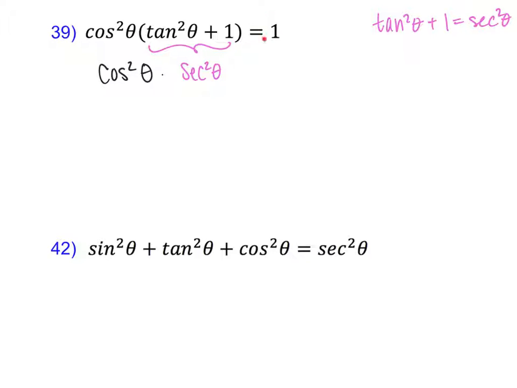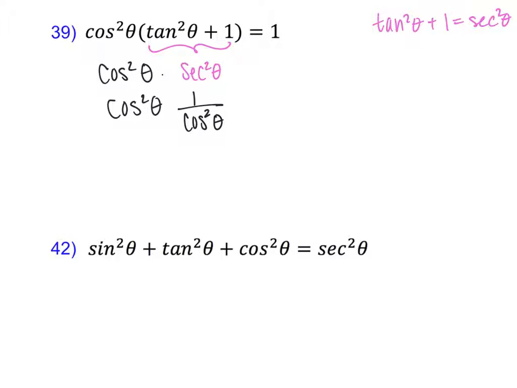And the other side here is 1, right? So I've got to make this look like a 1. First off, I notice I've got a secant. Secant has a reciprocal identity of 1 over cosine. But because this is a secant squared, this needs to be a cosine squared in the bottom. And then the other side here is just a cosine squared.